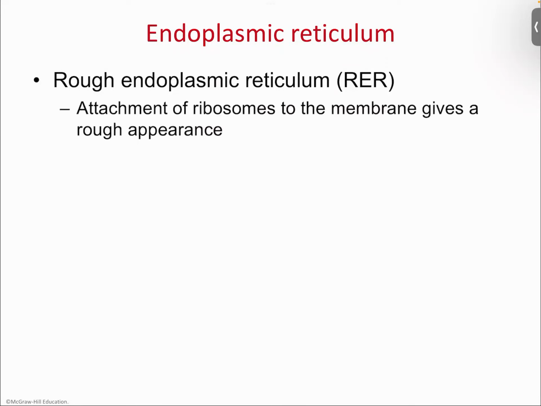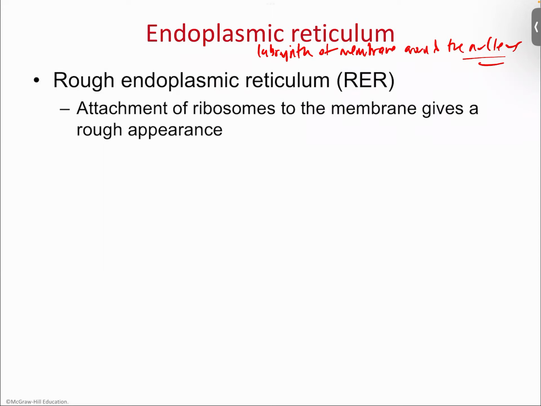So the rough endoplasmic reticulum is basically like a labyrinth of membranes around the nucleus. And the important thing about the endoplasmic reticulum is, remember, it comes in two varieties, right? Rough and smooth.